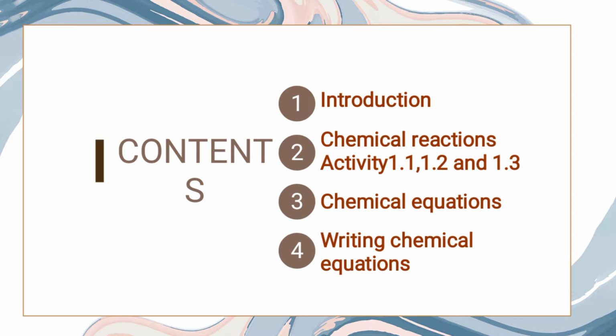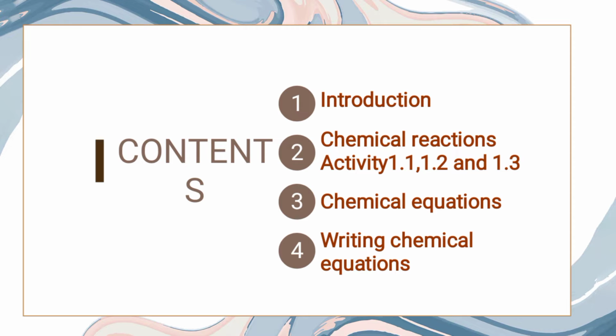When a chemical reaction takes place, we have to represent that in the form of an equation. So how we represent that in the form of an equation, we will study about chemical equations, and next we will be studying how to write a chemical equation.